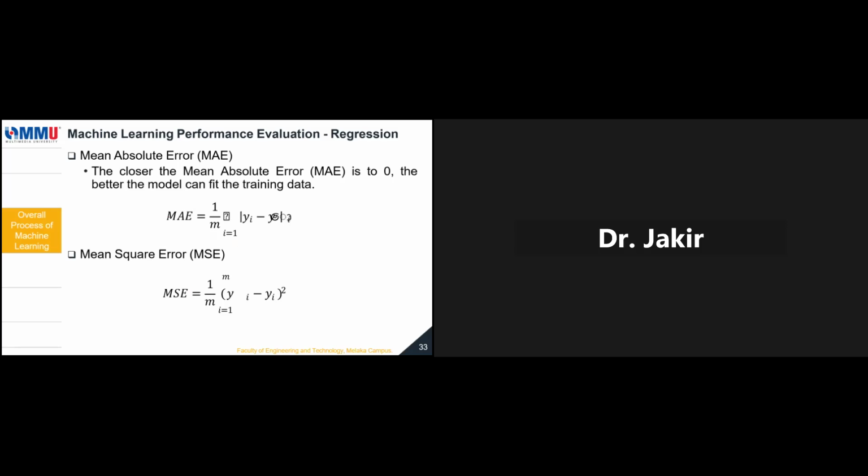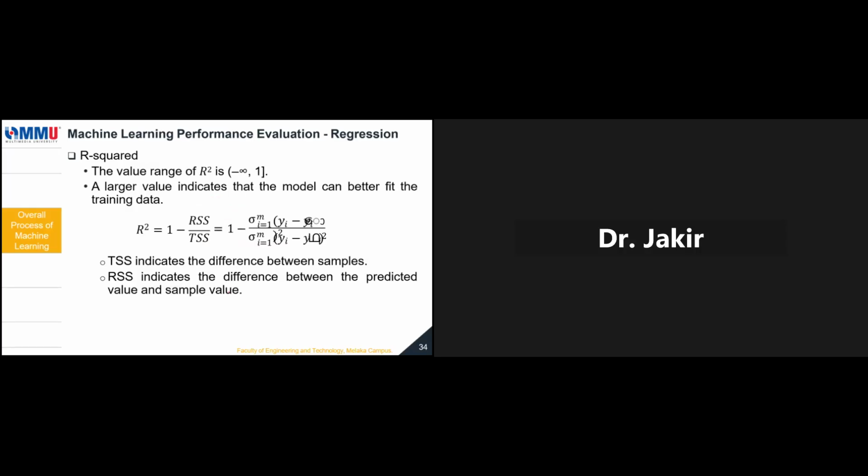If this formula is not clear, you can search Google for MAE. There is the mean absolute error and the mean square error, which has a square. The absolute error is just the difference, with no square. R square is also a formula to evaluate the model.